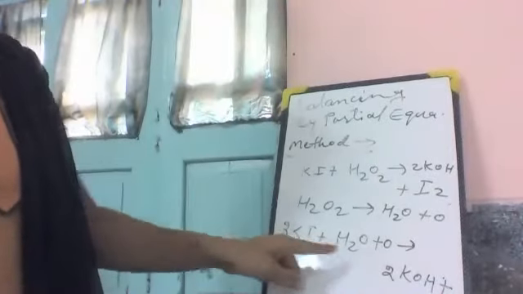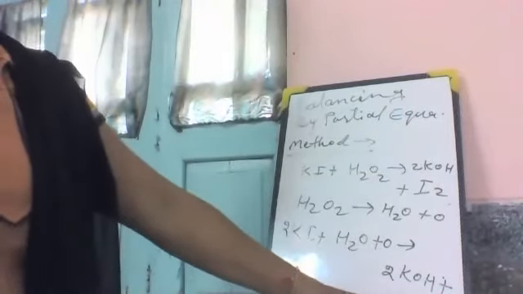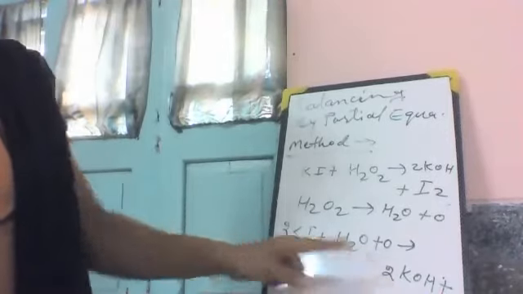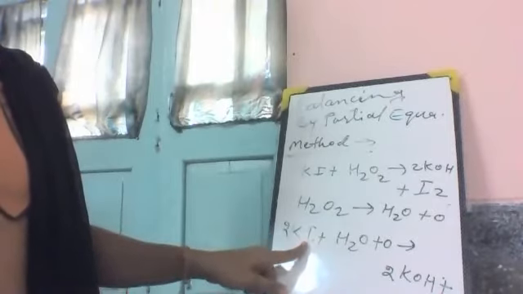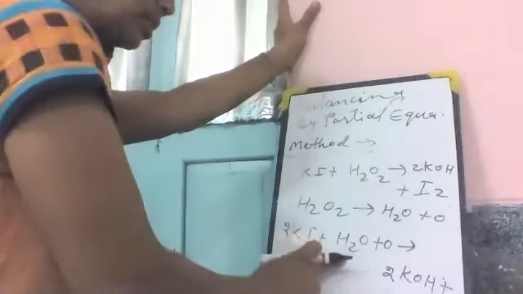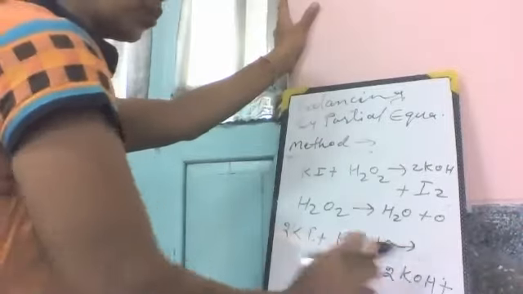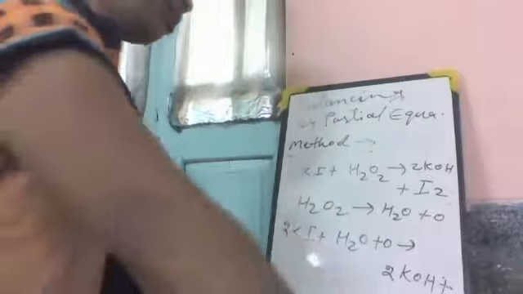Then it liberates iodine. The number of potassium atoms before and after the reaction is the same. The number of iodine atoms is the same. The number of hydrogen is 2 and 2. The number of oxygen is 2 and 2. In this way we can balance the equation.